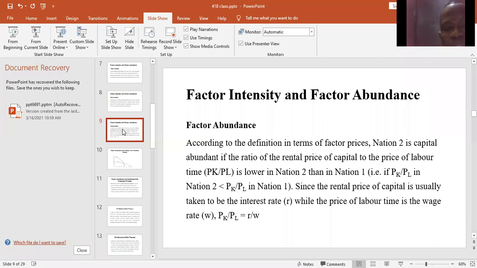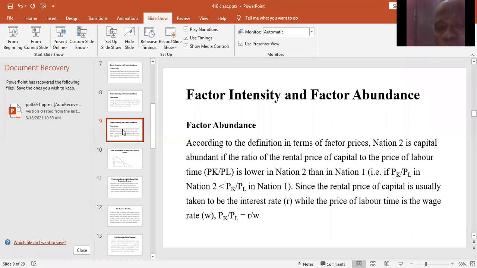That means the direction of trade is going to be determined by the abundance of factors of production. And the abundance of factors of production, as we discussed earlier, is basic. You can easily, by that prediction, expect a country like China, which is labor abundant when you look at the physical units, to export products that are labor intensive, that use more labor.